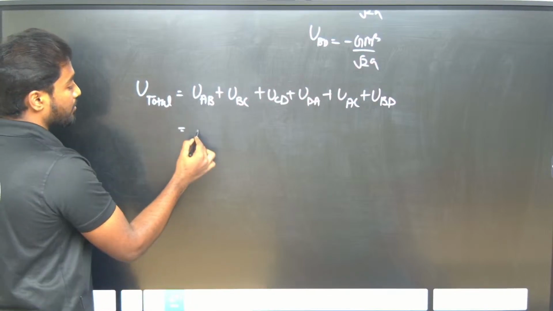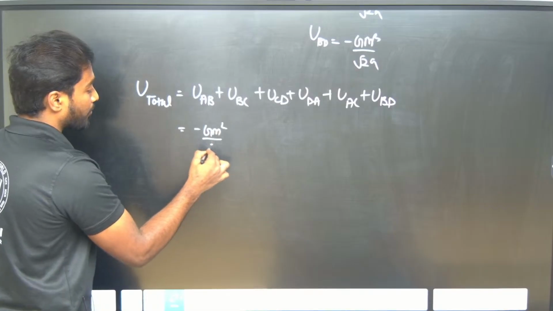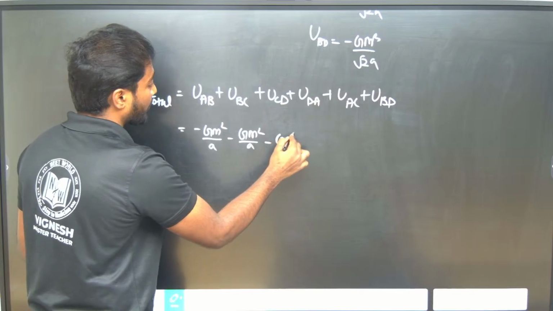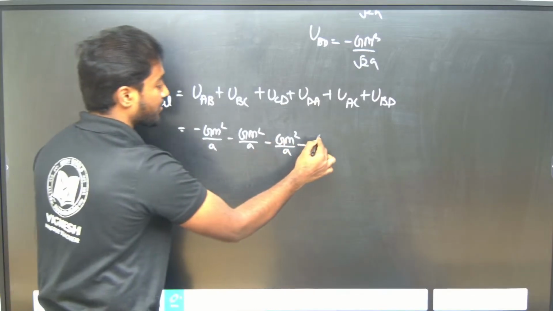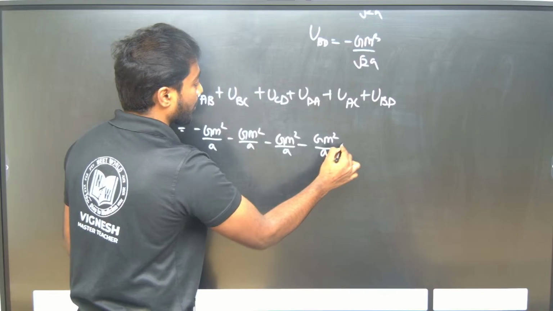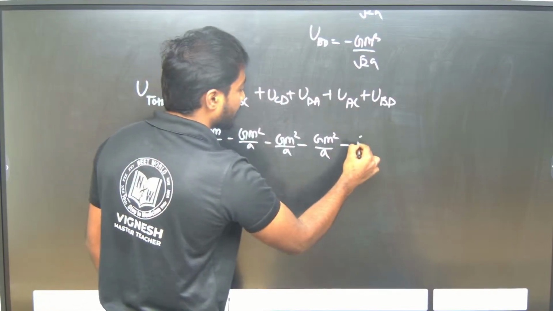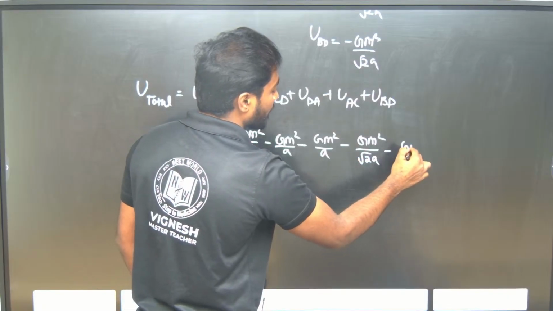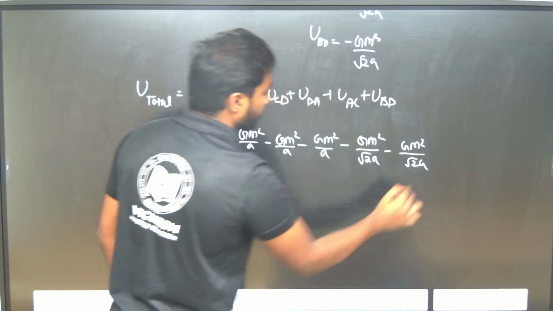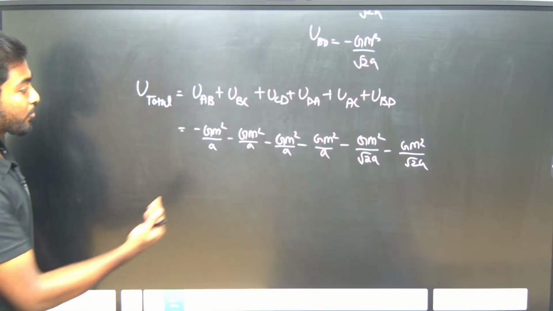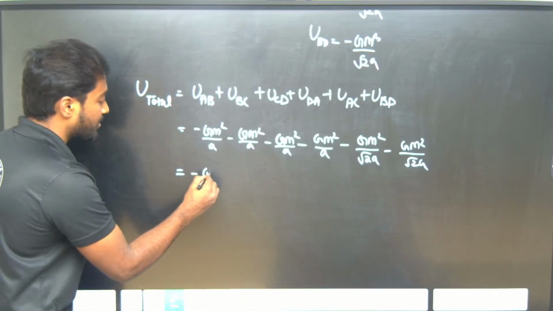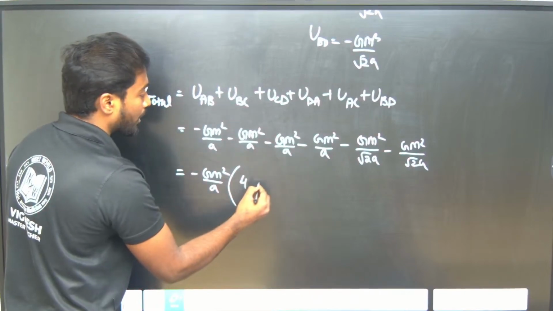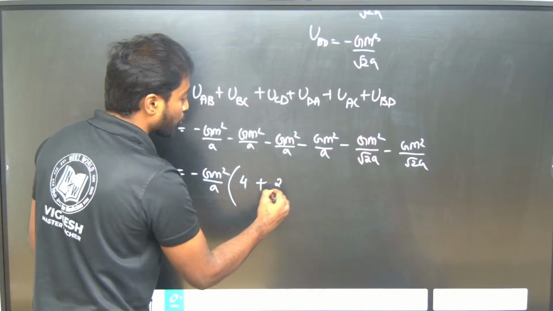This is minus Gm square by a four times, and the two diagonal terms are minus Gm square by root 2 a each. I can take minus Gm square by a common outside: 4 plus 2 by root 2.